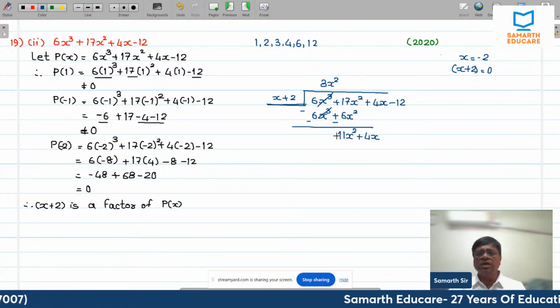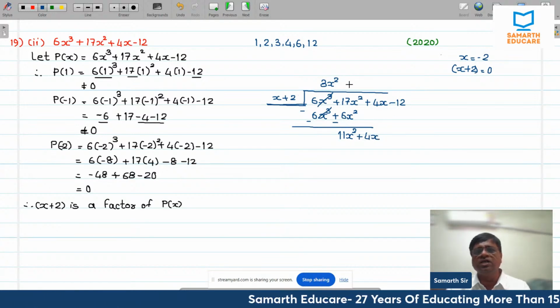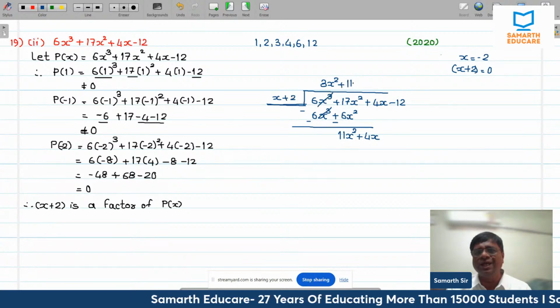So अभी किससे मल्टीप्लाई करना है, I want 11x square and I have x, so I will have to multiply by 11x.